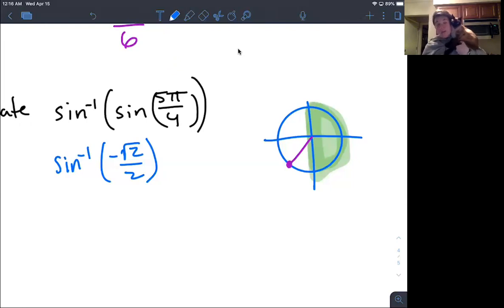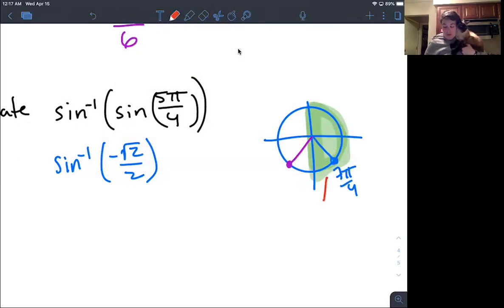Okay, so the other place where the sine value is negative rad 2 over 2 is going to be right down here at 7 pi over 4, right? The problem with that is 7 pi over 4 is not in our principal values, because what do we know about quadrant 4 when we're talking about principal values?